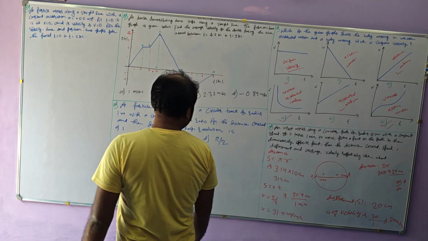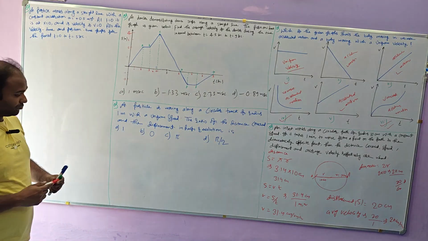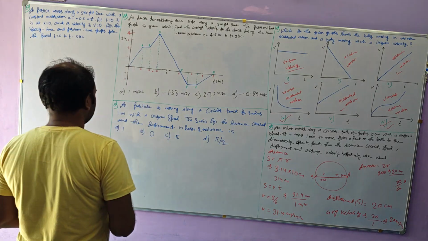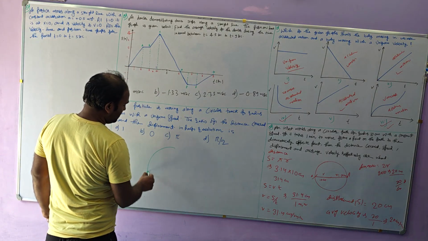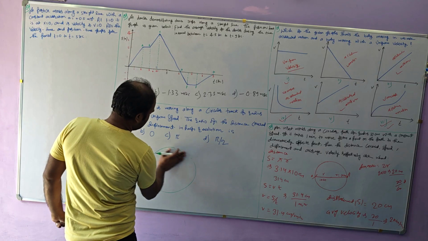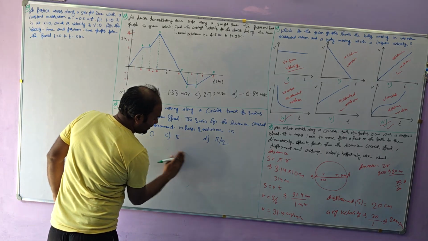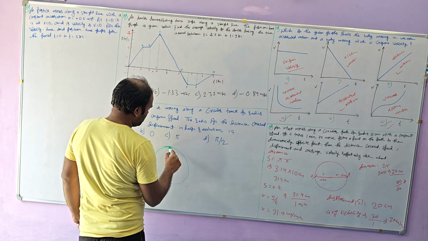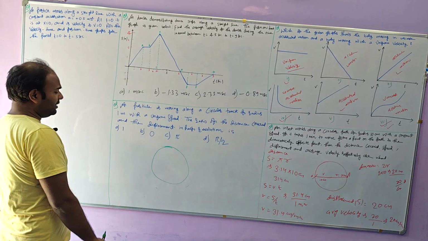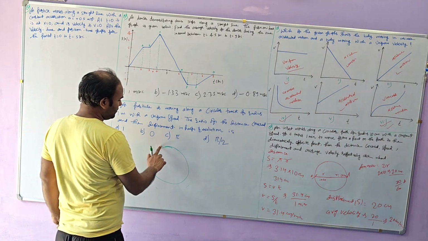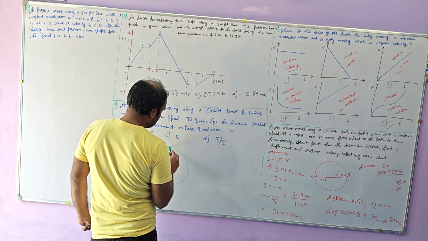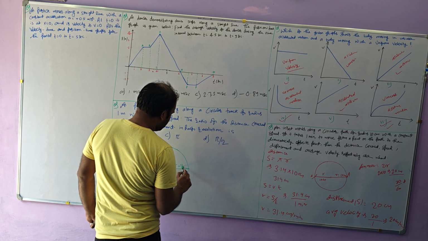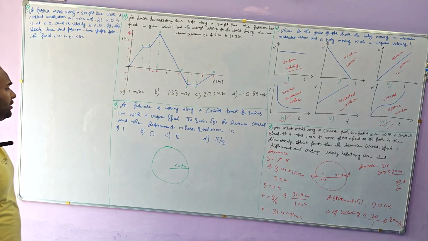Now, in another question, a particle is moving along a circular track of radius 1 meter. We have a circle of radius 1 meter, r is equal to 1 meter, with a uniform speed.